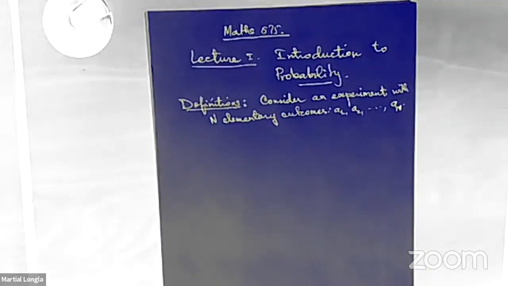So we have an experiment in which there are only capital N possible outcomes, denoted A1, A2, all the way up to AN. That's where we start.